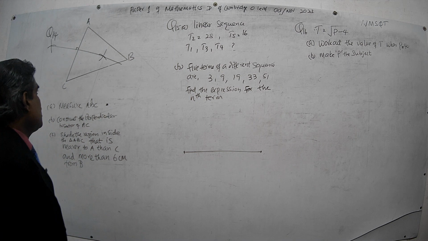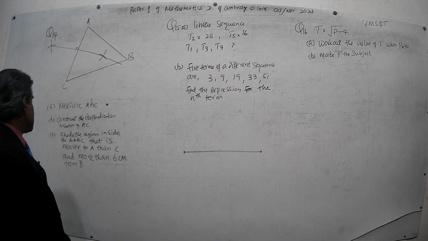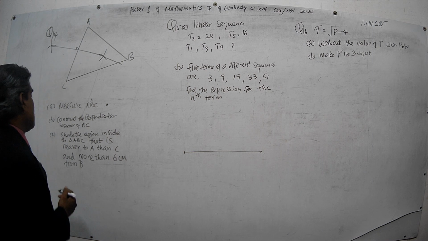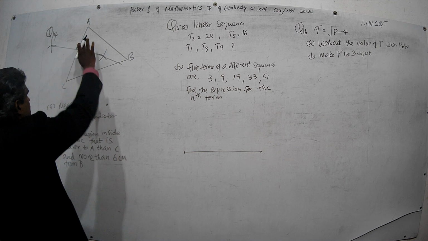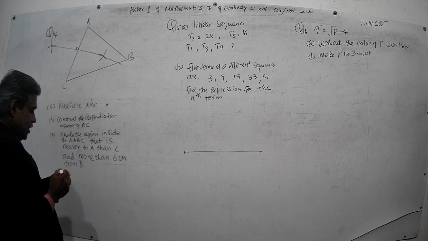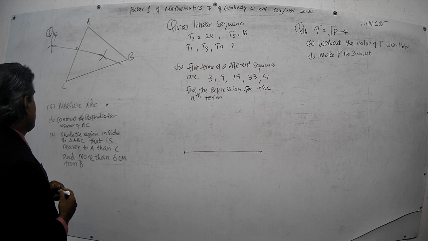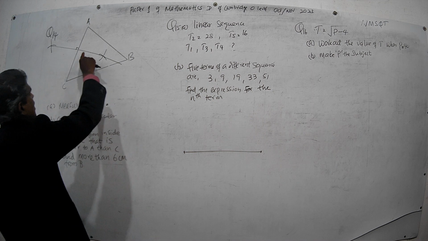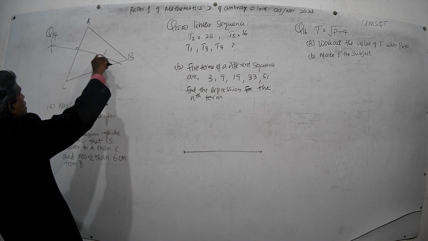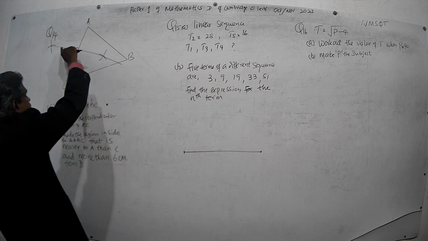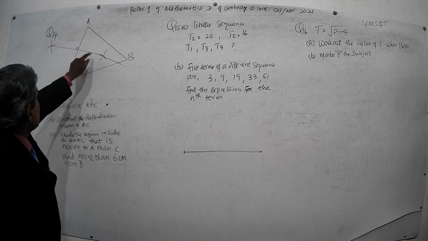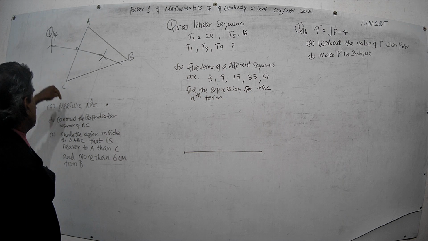So therefore, they say shade the region inside the triangle ABC that is nearer to A than C. There's a region or area in the triangle that is nearer to A than C. Any point on the perpendicular bisector is equidistant from A and C. That distance is equal.